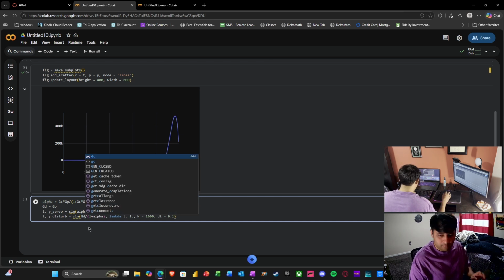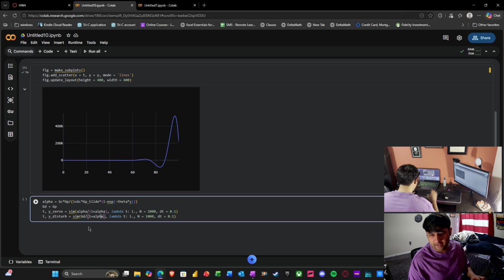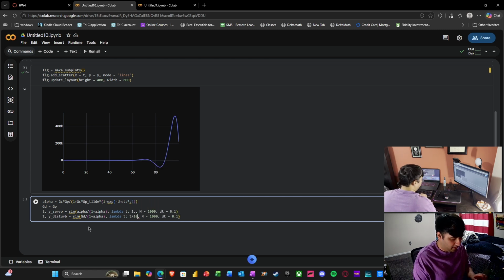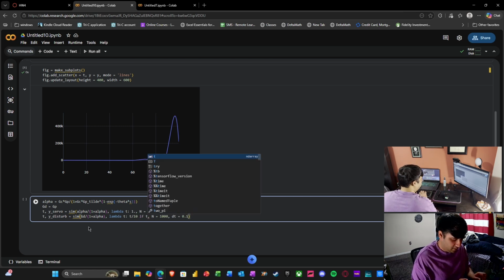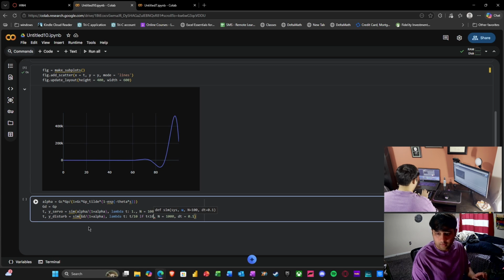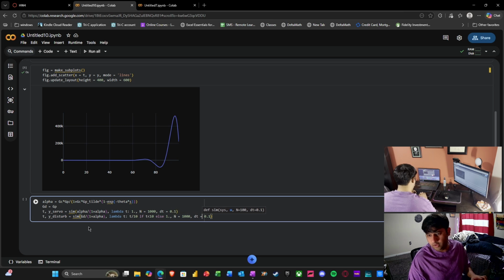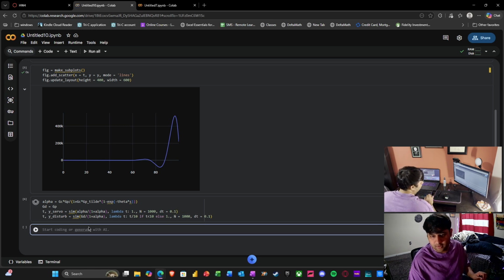And our gd over 1 plus alpha, and then our lambda t is a little different. It's going to be t divided by 10 if t is less than 10, else 1. And that should be all the same, I believe. Let's see if that works.